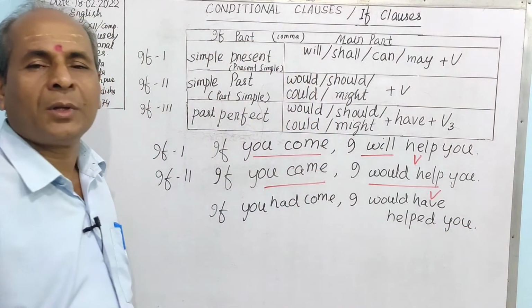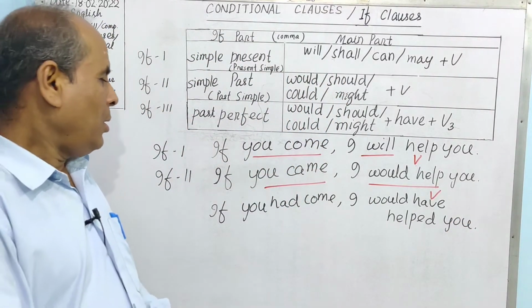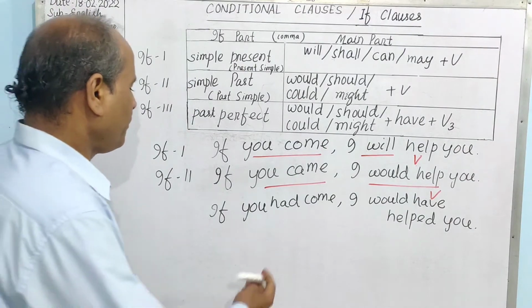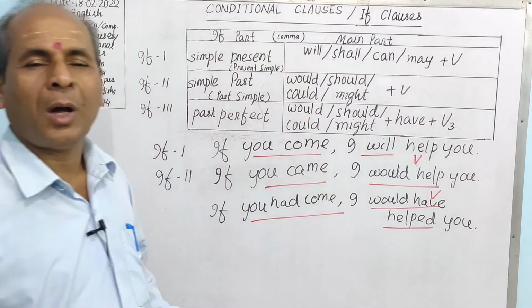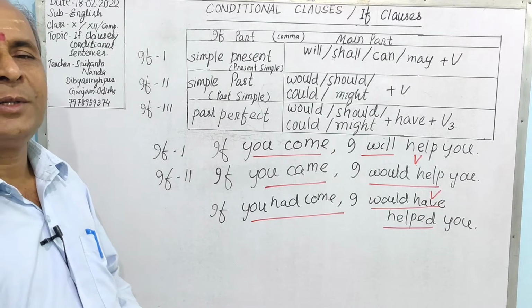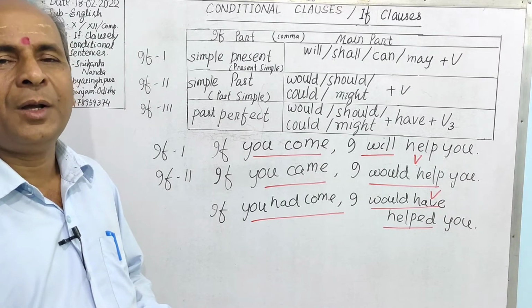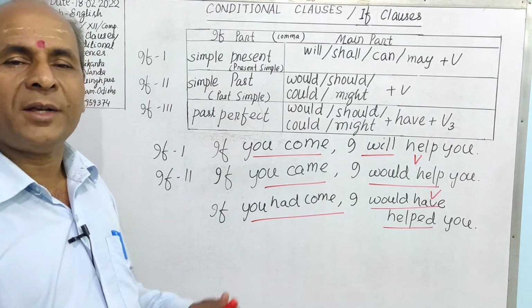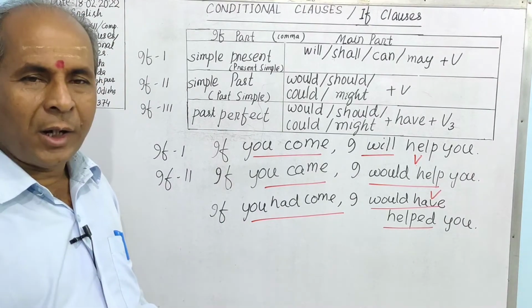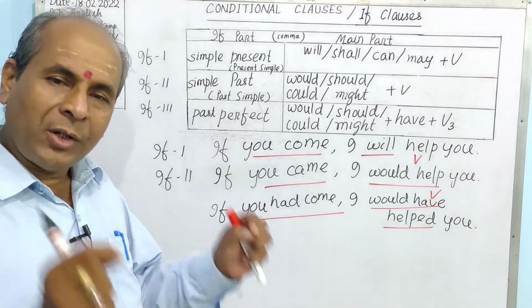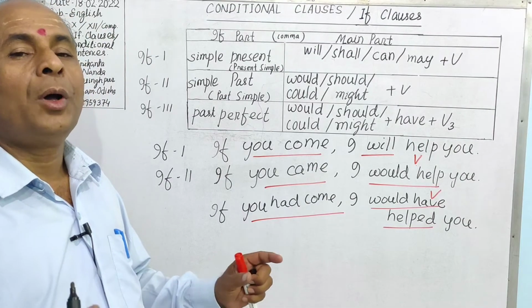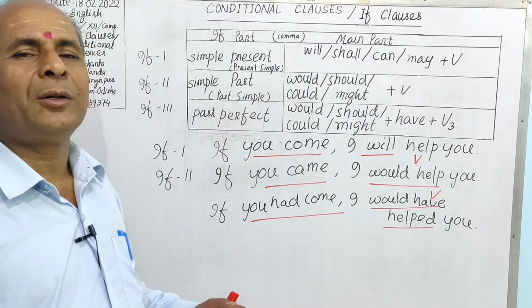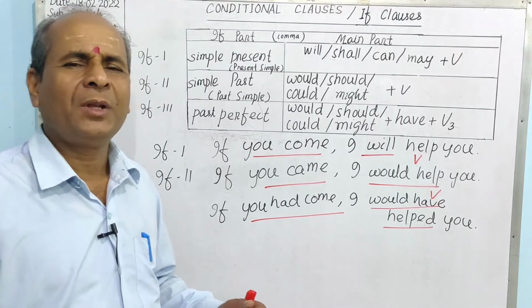The teacher says, if you had come, I would have helped you. This is unfulfilled. This is not imaginary, but it is quite impossible. The exam is gone, the student did not come, the teacher did not help him. So the student got lower marks in the exam.